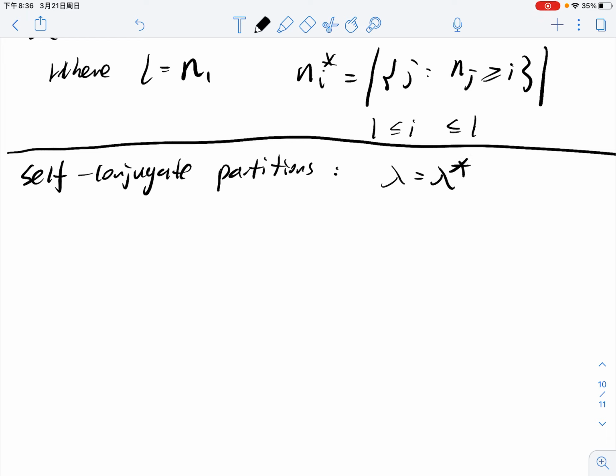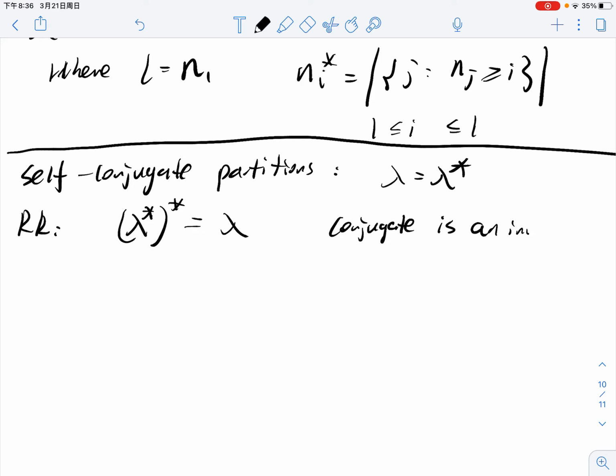And a very interesting property is if you conjugate twice, you always get back to the original partition, because you flip over the diagonal twice, you just give back the original result. Therefore, the conjugate is an involution.